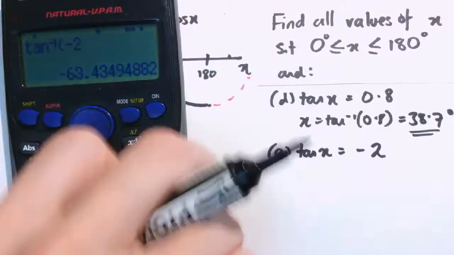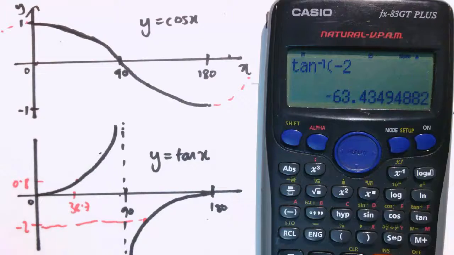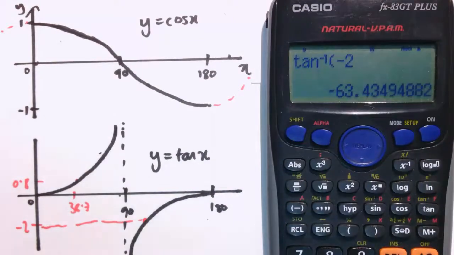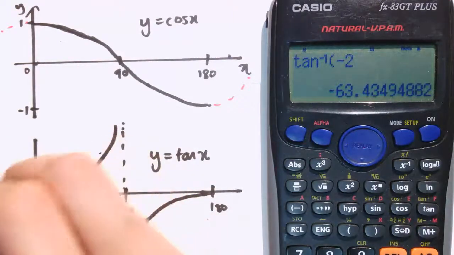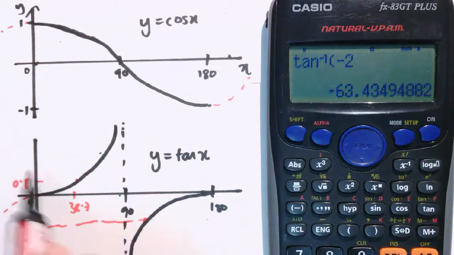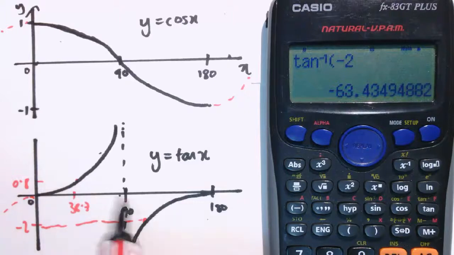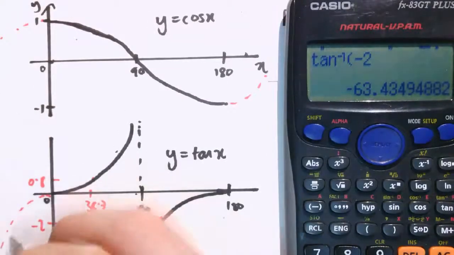It's given us -63.4 degrees. So actually what the calculator does when you put in tan inverse, it gives you a value that's somewhere between -90 degrees off the left of the screen here and +90 degrees in that range here, so it looks a bit like that.